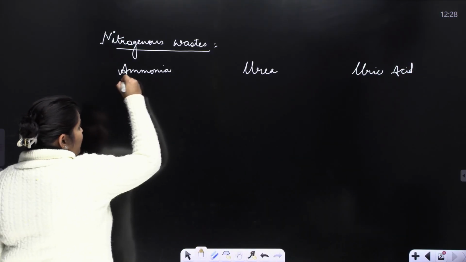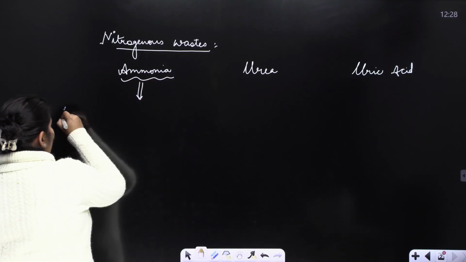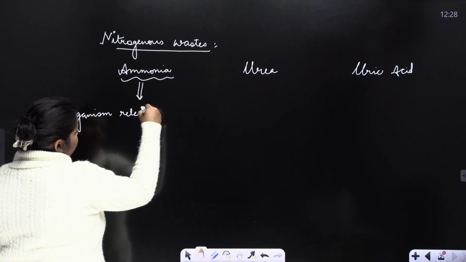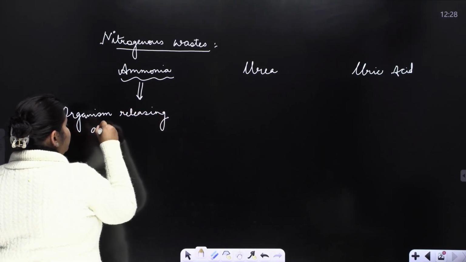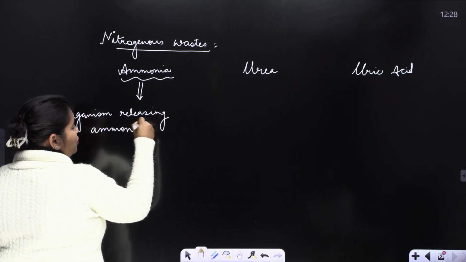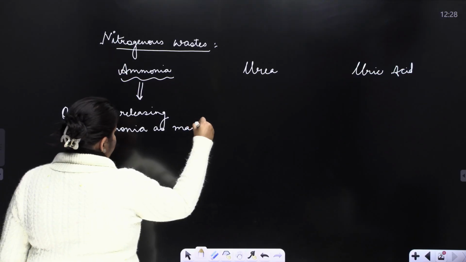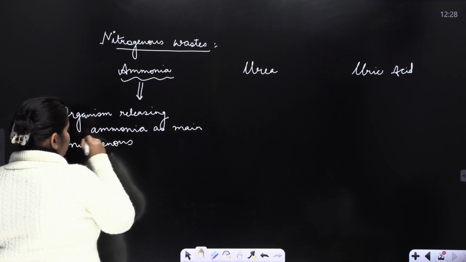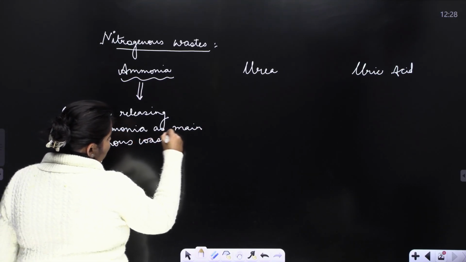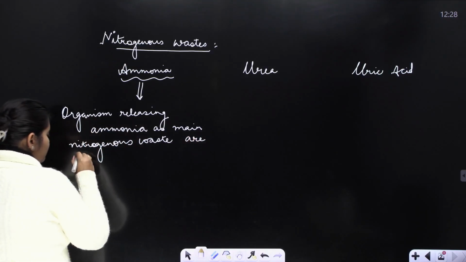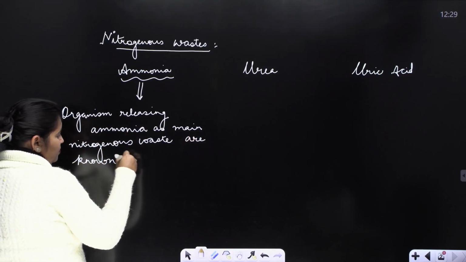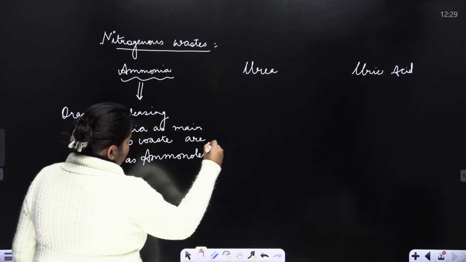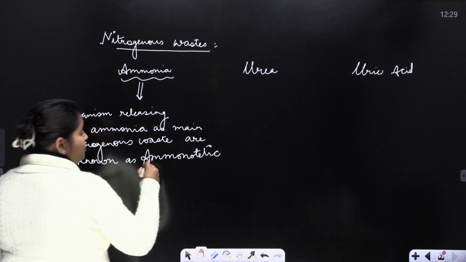Now, ammonia, when it is released by the organisms releasing ammonia as the main nitrogenous waste, they are known as ammonotelic. They are known as ammonotelic.